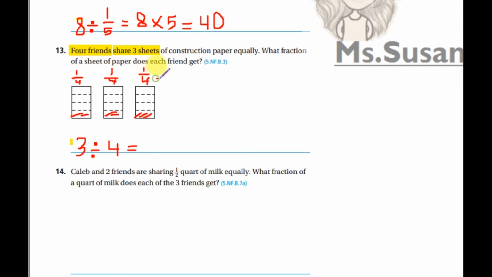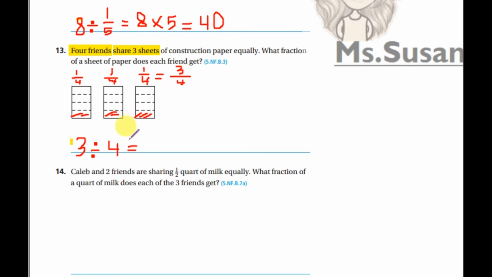What is the denominator? How do we add fractions? We have a rule for adding fractions. We keep the denominators. What is the denominator? It's the same, 4. Add the numerators only. Numerators will be 1 plus 1 plus 1, which is 3. So it will be 3/4.